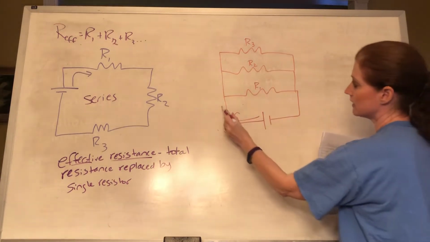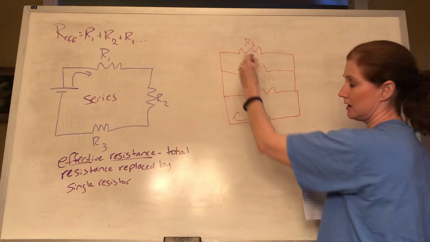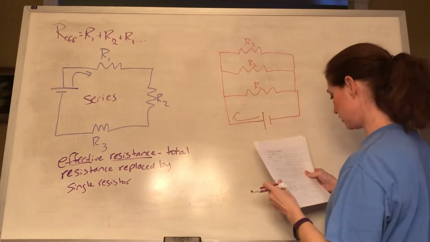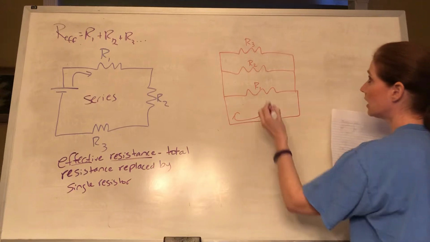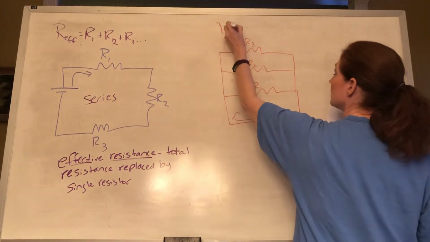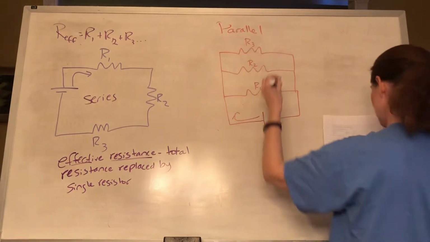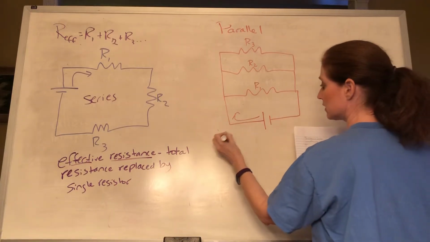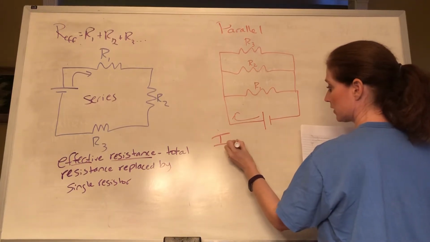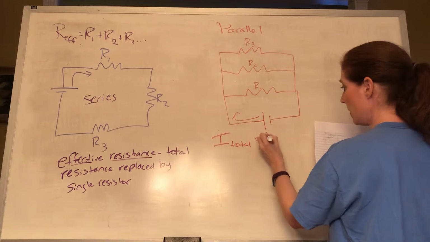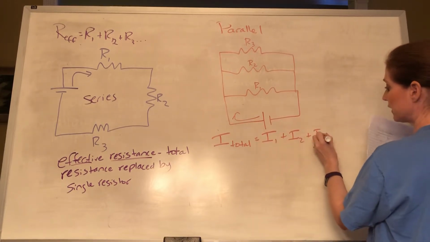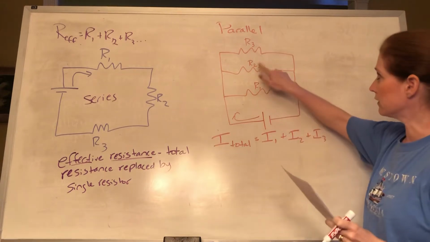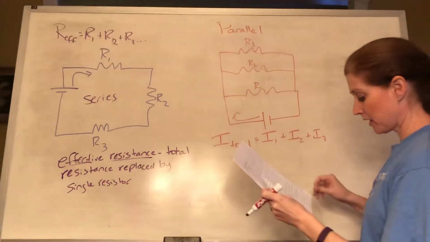But as you see, the current is now going to choose a path as to which resistor it's going to go through. So in parallel, the total current is I1 plus I2 plus I3, the current going through the individual resistors. Okay.